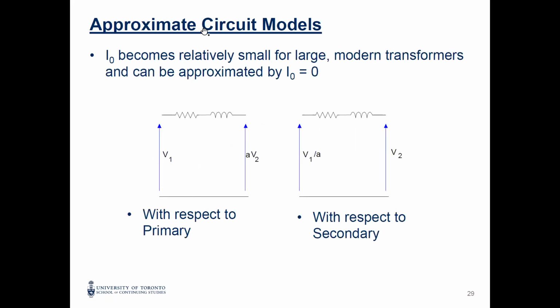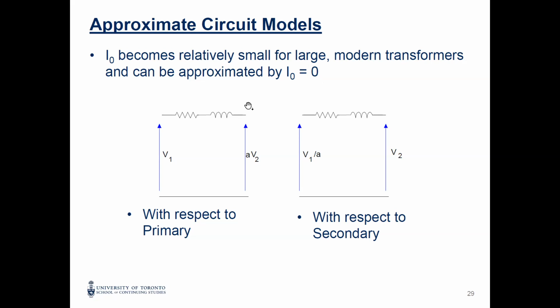There is one more approximate equivalent circuit we are not going to use, but just in case you are studying power system engineering, for example, you will find the equivalent circuit of the transformer can be just R and X, resistance and reactance. This is referred to the primary or referred to the secondary. Here we ignore the I naught because it's very small.